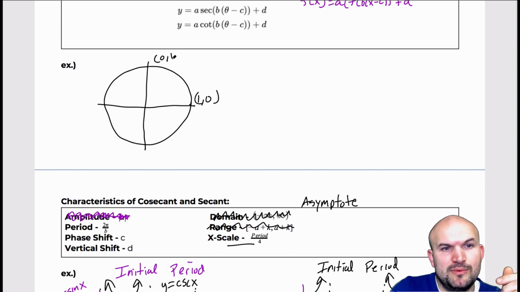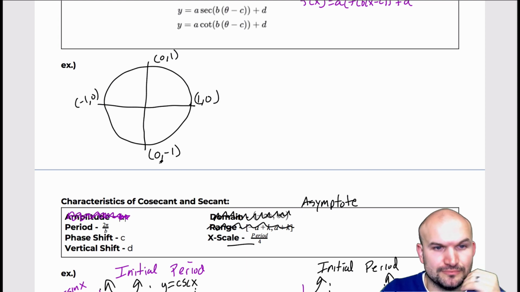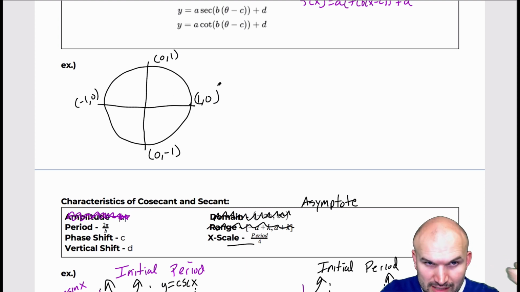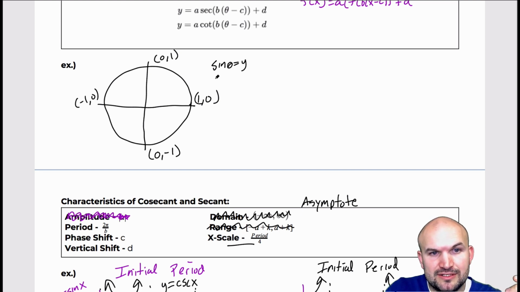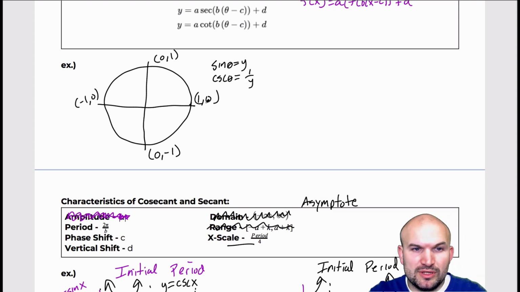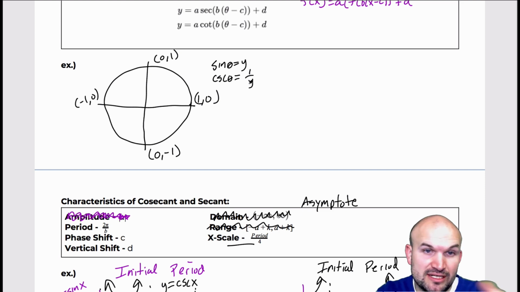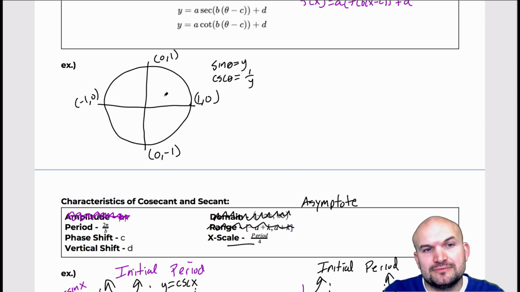Here's our point 0, 1, -1, 0, and 0, -1. All right. If we're talking about sine, that represents the y coordinate, right? Sine of theta equals the y coordinate, and cosecant of theta equals 1 over y. So if we're looking for whenever y is equal to 0, we know the cosecant is going to be undefined because you'll have 1 over 0. Therefore, an asymptote is going to occur.